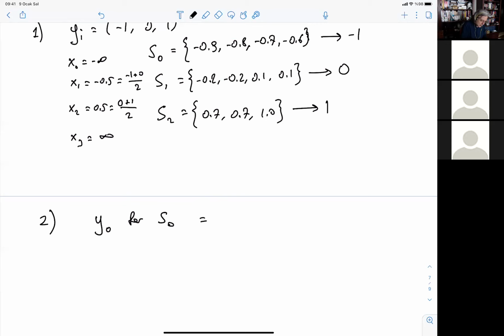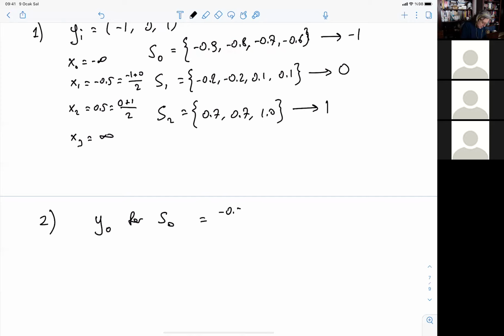The representation value, the output, is just the average, like the conditional expectation, but we don't have a PDF or anything, so we will just use the average as the expected value.